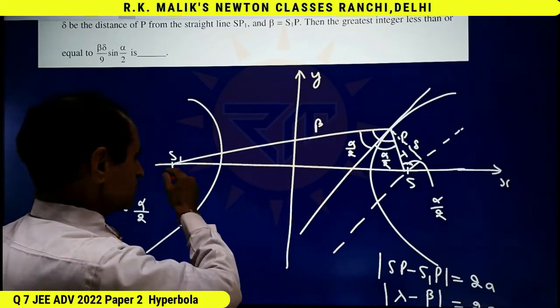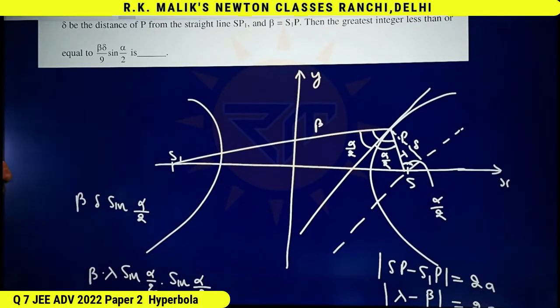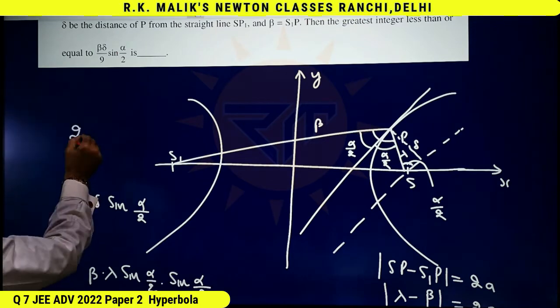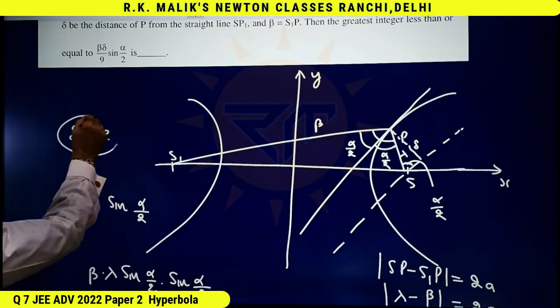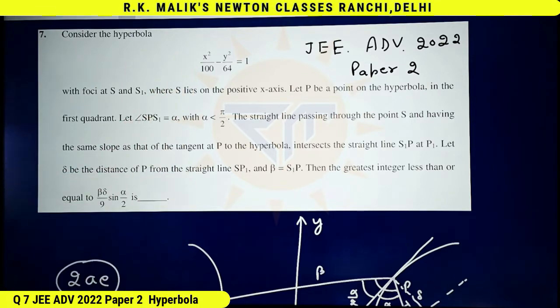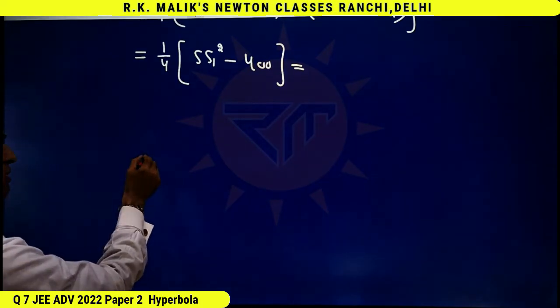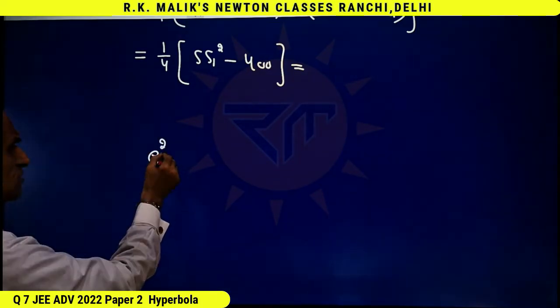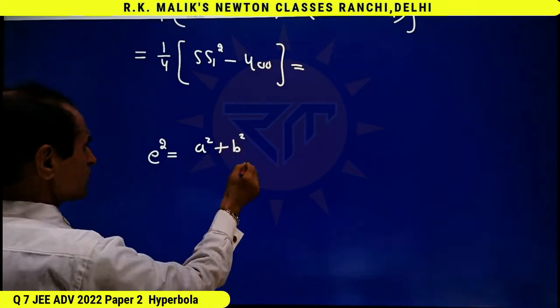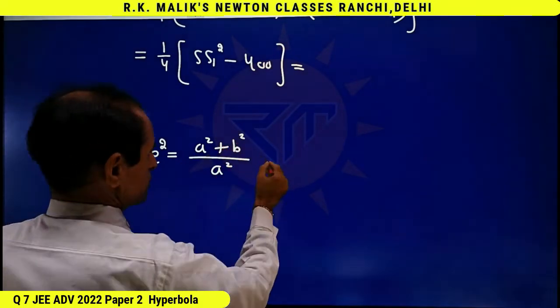and S1S is the distance between the foci. The distance between the foci is always 2AE. With the help of the given equation, we can easily find the value of AE, because we know that E square is always equal to A square plus B square by A square.